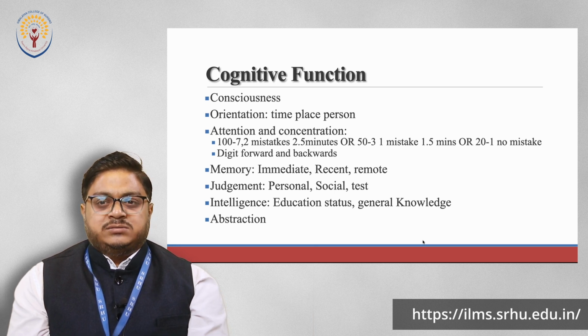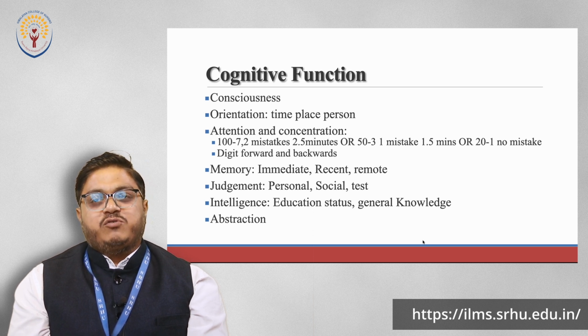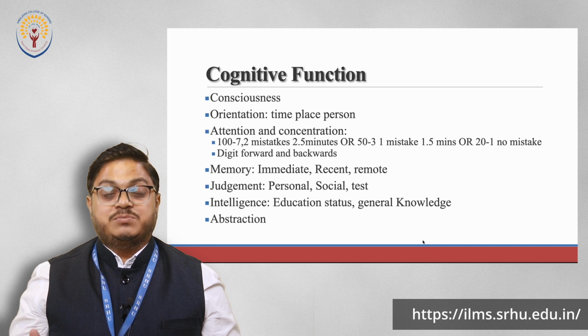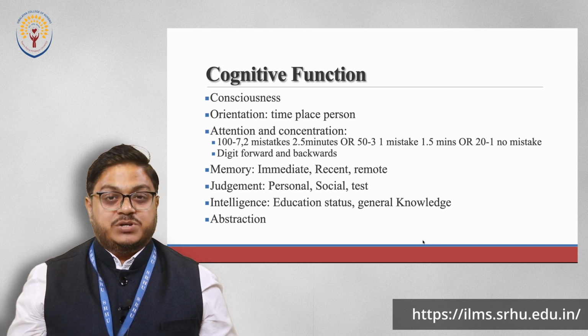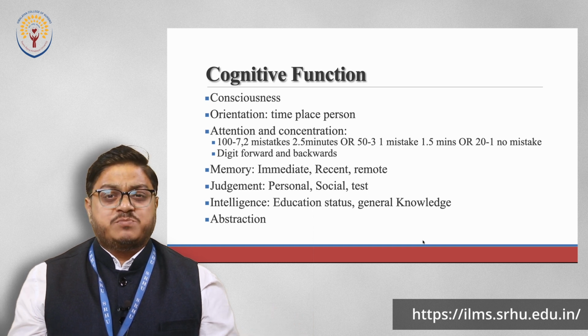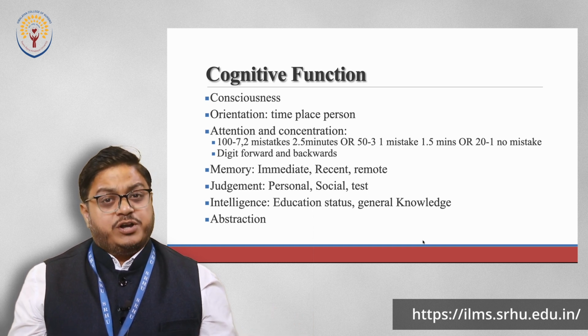So next is attention and concentration. In attention and concentration, we have to test the attention span of an individual. Now attention is very subjective, it can change from person to person. In a classroom setting, adults usually have an attention span of not more than 40 to 45 minutes.